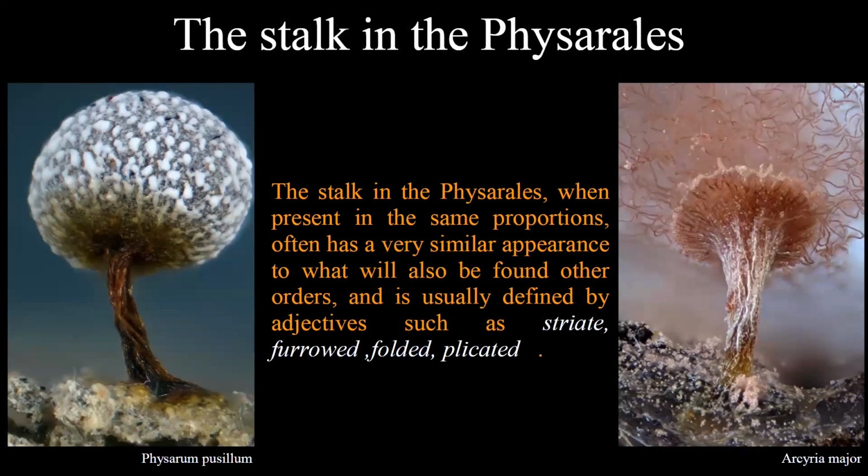We know the stalk in the Physarales. The stalk in the Physarales, when presented in the same proportion, often has a very similar appearance to what will also be found in other orders, and is usually defined by adjectives such as striate, furrowed, folded, plicate.